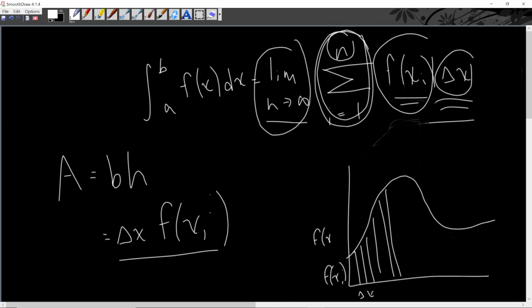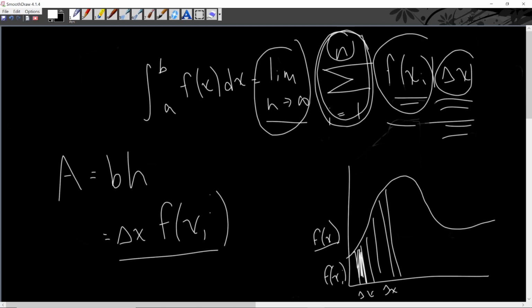There will be an infinite number of y values for this infinite number of x values or delta x's. I might have made this seem a little bit more complicated than it actually is, but we're saying that delta x is a very, very small change in x, right? And f of x_i is going to be the y value associated with that x value.